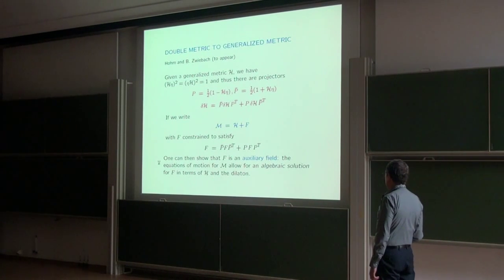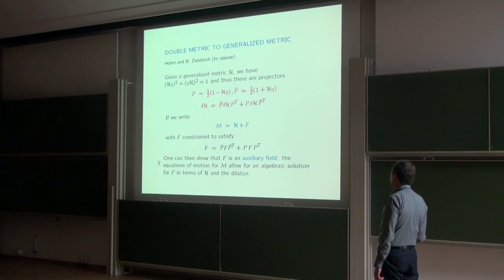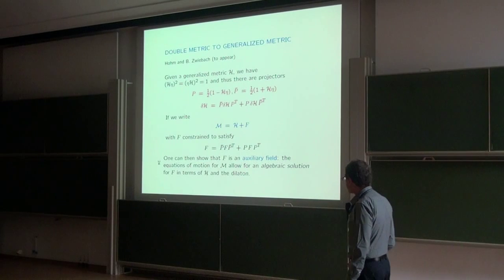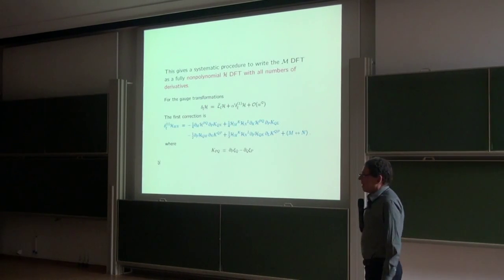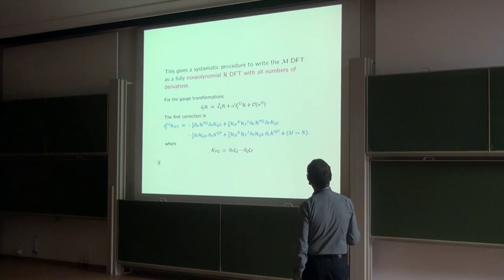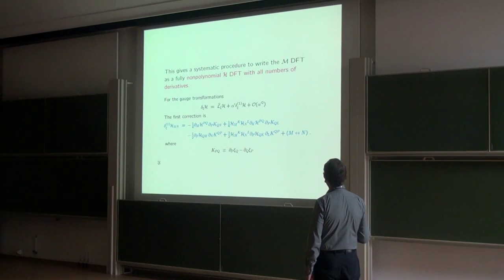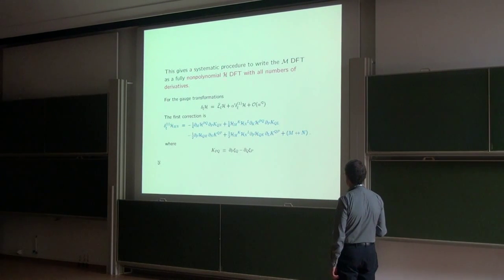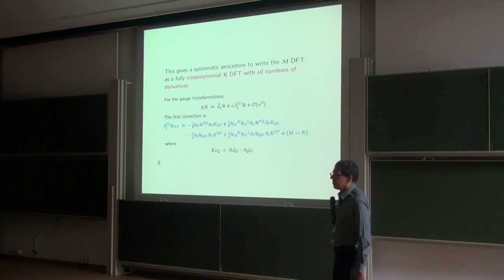So if you're willing to work, you can solve for F recursively and find an expression for F in terms of H and derivatives, and then M can be plugged back into the action and you've got the theory. This gives you a systematic procedure to write the double field theory written in terms of the double metric as a fully non-polynomial double field theory of a generalized metric with all numbers of derivatives.